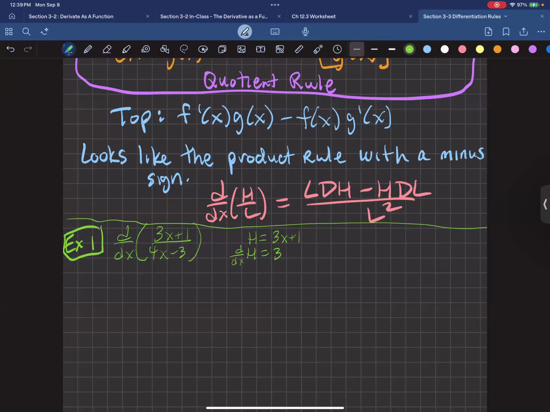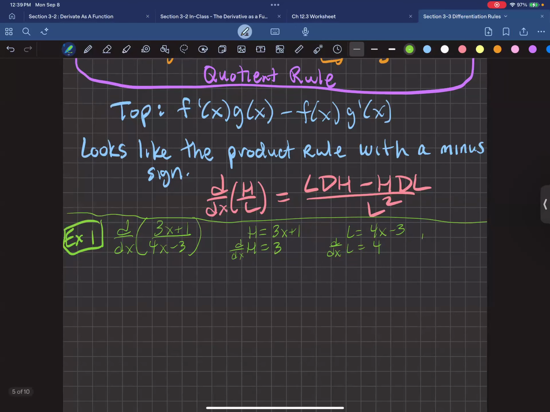And low here is 4x minus 3, so the derivative of low is just 4. So I'm going to do low d high minus high d low over low squared.